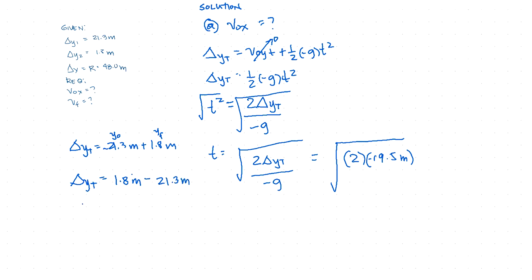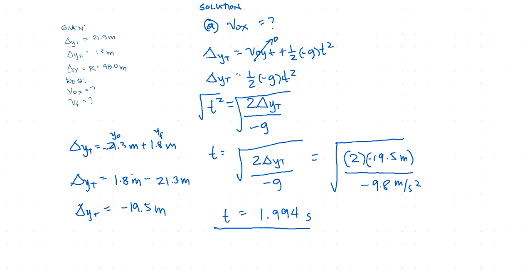So, yung total displacement equal siya sa negative 19.5 meters. Makuha natin yung time over negative 9.8 meters per second squared. So, yung time natin will equal to 1.994 seconds. So, for now, apat na sig figs muna. So, okay lang yun sa final answer natin. I-finalize yung significant figure since we have a lot of operation. So, alam na natin yung time.